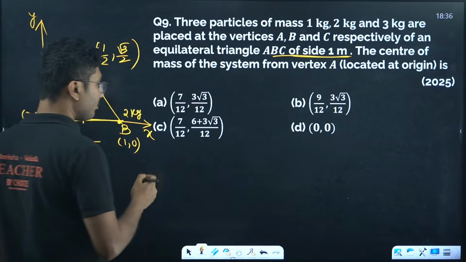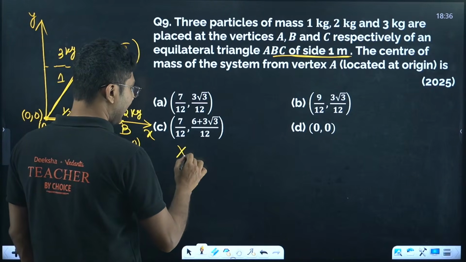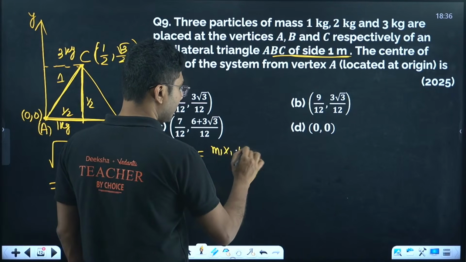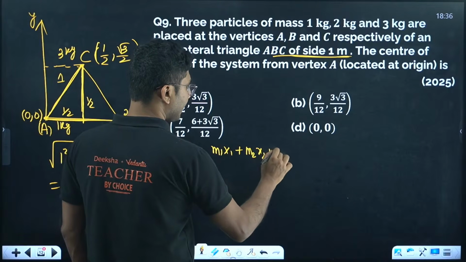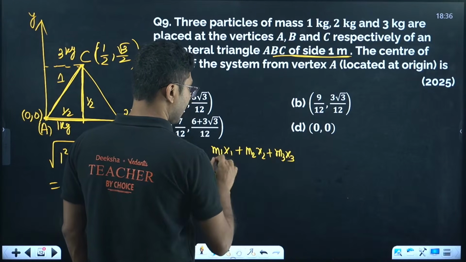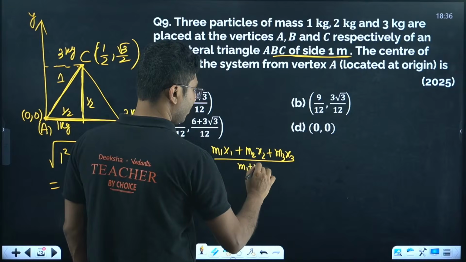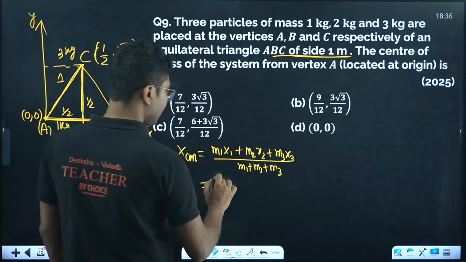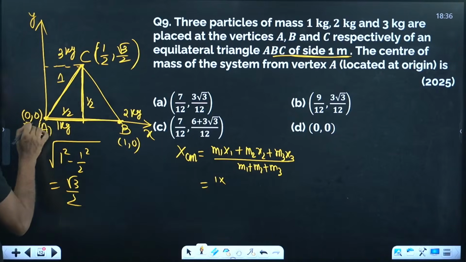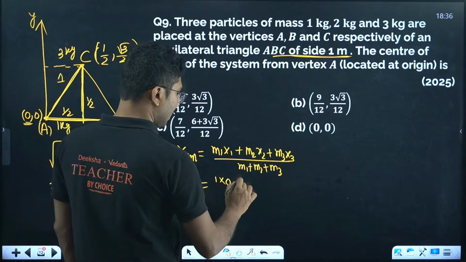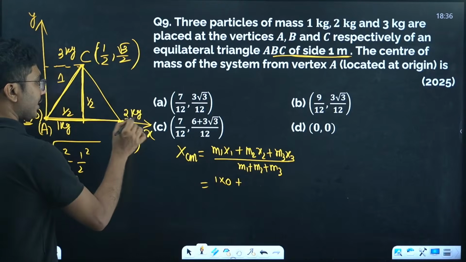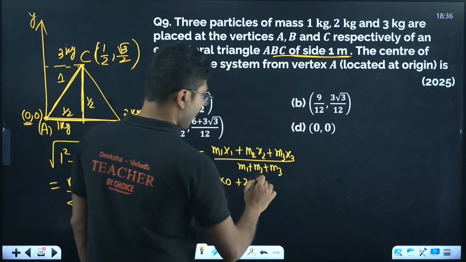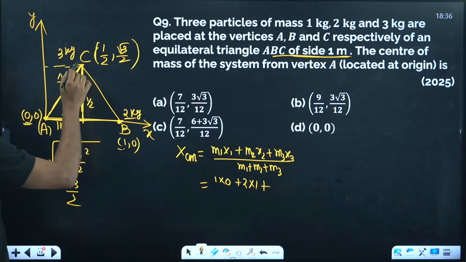Now we will use the formula for center of mass. XCM is given by m1 x1 plus m2 x2 plus m3 x3 by m1 plus m2 plus m3. Okay, so what is m1? m1 is 1 kg. What is x1? X coordinate of 1 is 0, plus what is m2? m2 is 2 kg. What is the x coordinate? X coordinate is 1. What about third point C?